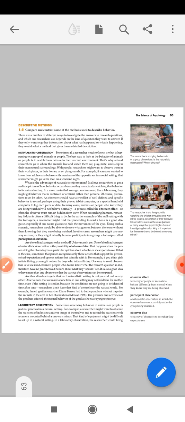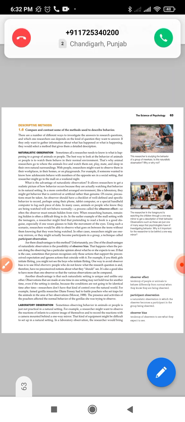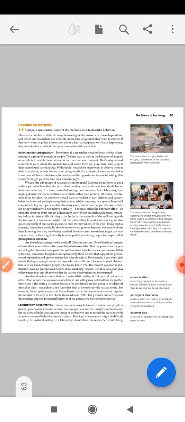These methods can be categorized into two types. First one is descriptive method and second one is qualitative method.